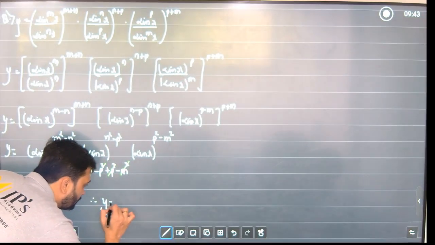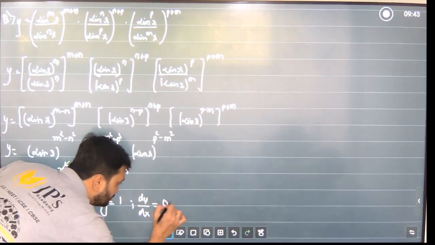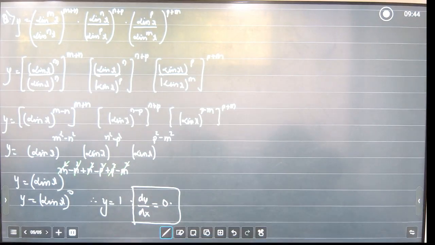Therefore, y is equal to 1. Therefore, dy by dx is equal to 0. So these are all the sums that are required for you to understand logarithmic differentiation.